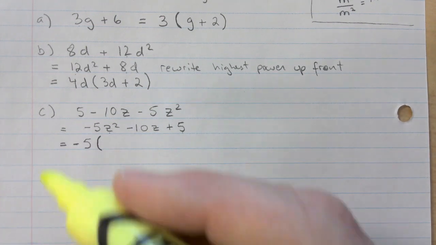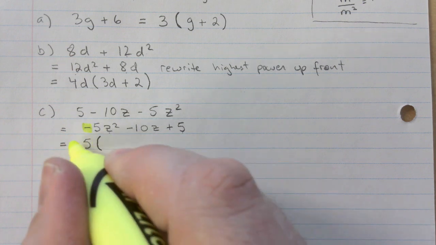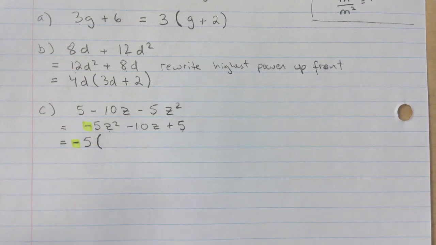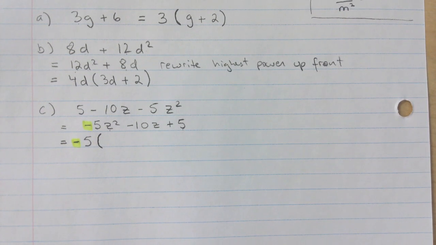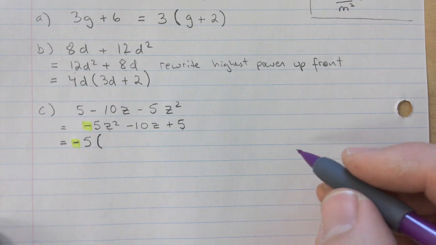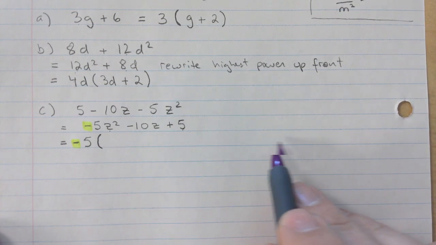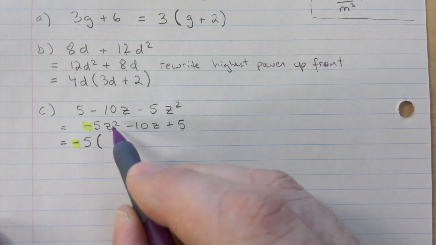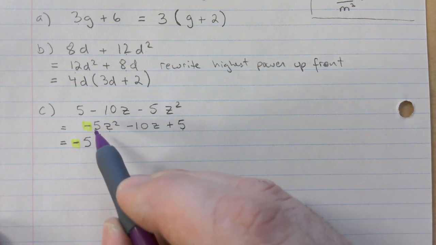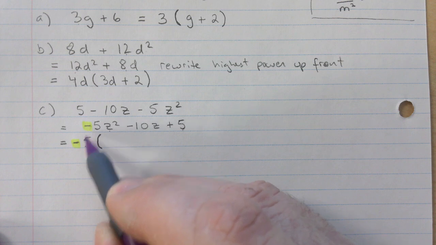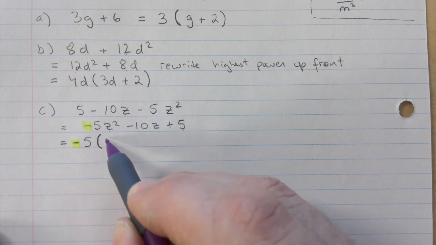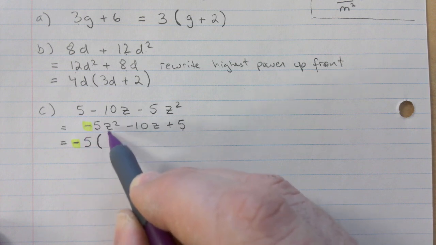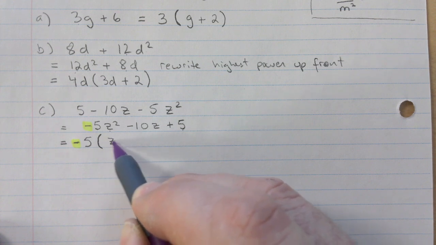I will highlight this, because of this I made sure that I took out the negative. Once we factor this, I'll add that note here on the side. So negative 5 goes into negative 5z squared one time, and you're left with z squared only.